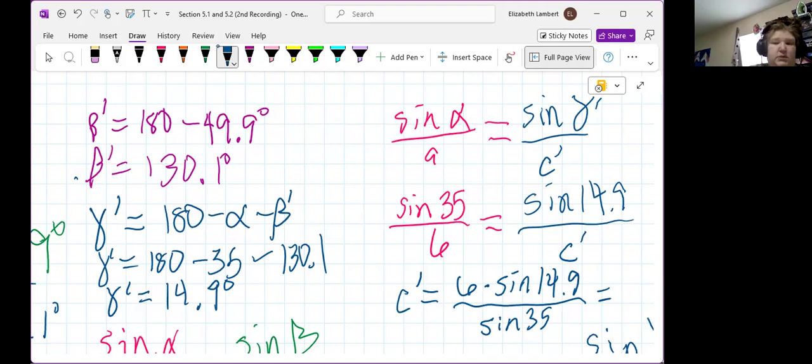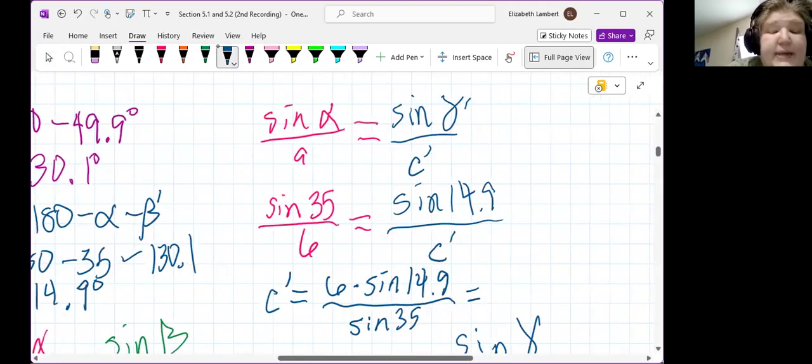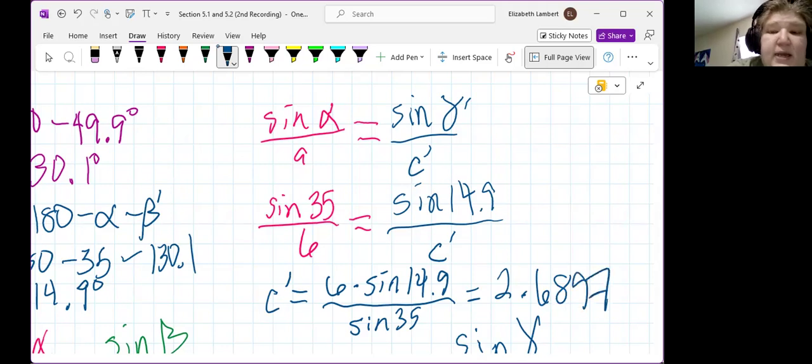And it's telling us that this little small side is 2.6897 blah, blah, blah. So like 2.7 inches or feet or whatever.